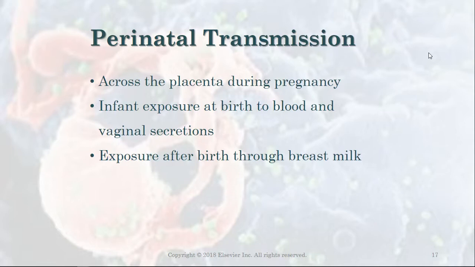If we have an HIV mom that we're working with, we want to educate them on how it can be transmitted to their unborn child and what can be done to prevent it, because currently there are prophylactic medications that can be given to the child once the child's born. And also there are means of testing to see whether the child has actually seroconverted once the child's born.